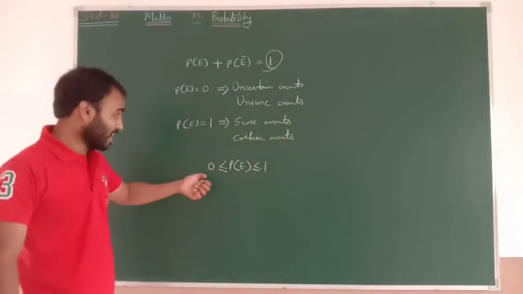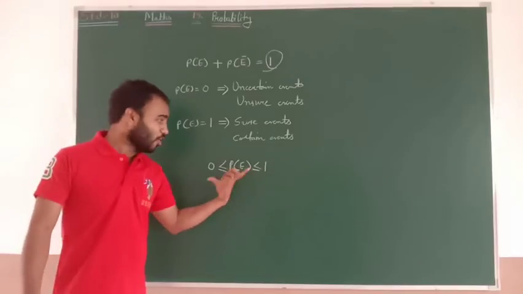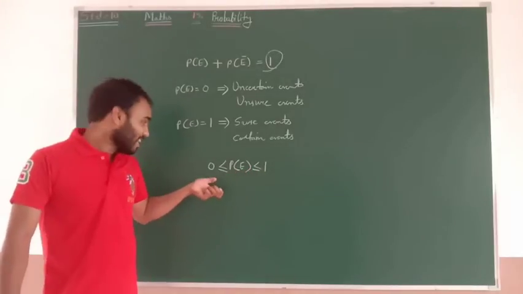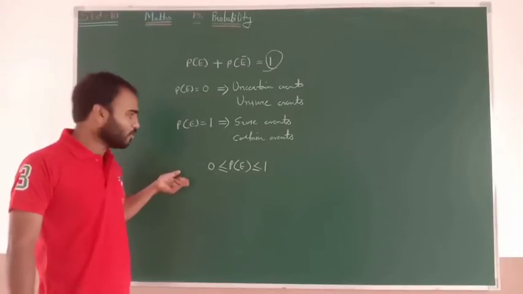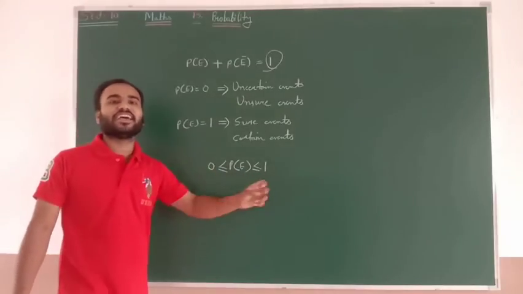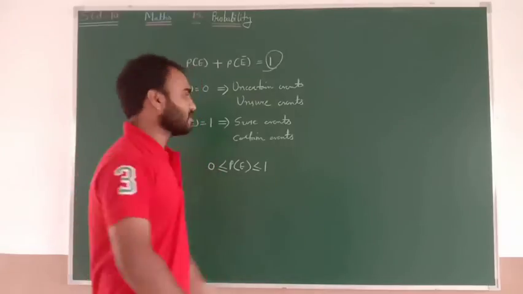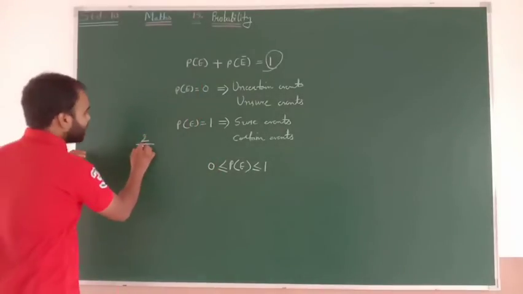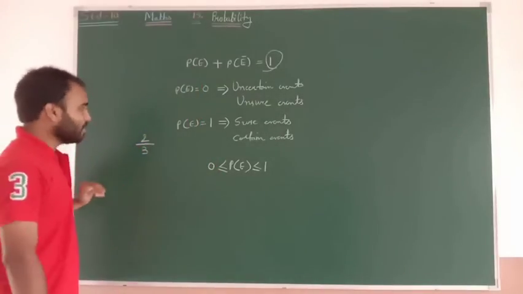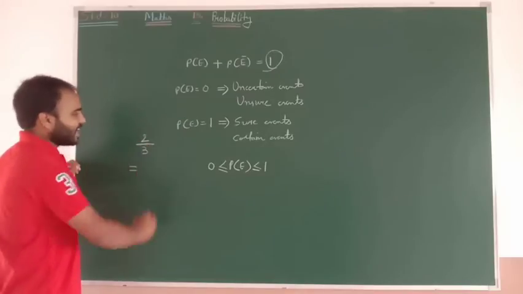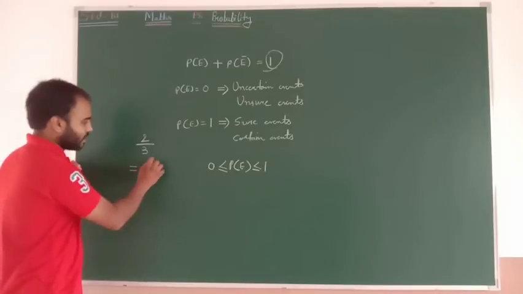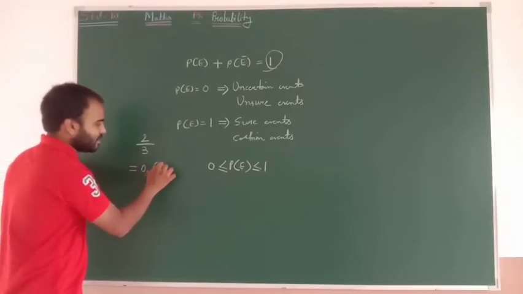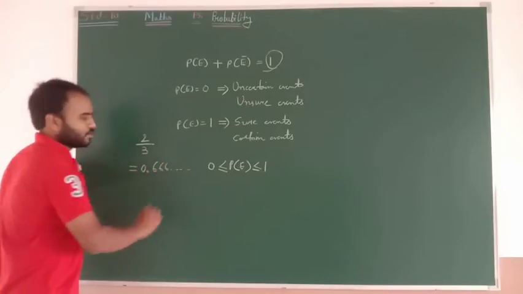As we all know, the answer of a probability can be 0, 1, or between 0 and 1. It cannot be less than 0 or negative, and it cannot be greater than 1. Some of the examples we are taking: 2 by 3. Now simplify, by dividing it we will get 0.666 continues.